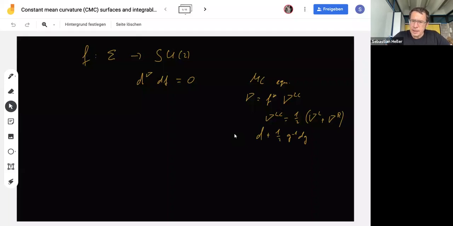If we now look at conformal and harmonic maps, meaning minimal surfaces, we also have the harmonicity equation, namely d nabla star df is 0. So we have this coupled system of PDEs, an elliptic nonlinear PDE.